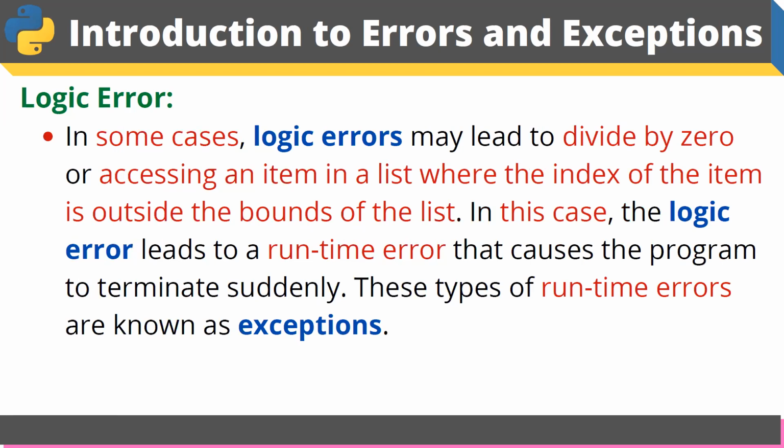In some cases, logic errors may lead to divide by zero or accessing an item in a list where the index of the item is outside the bounds of the list. In this case, the logic error leads to a runtime error that causes the program to terminate suddenly. These types of runtime errors are known as exceptions.